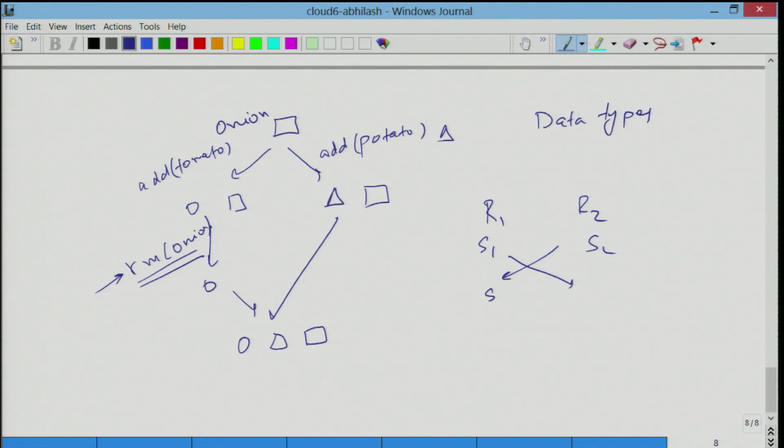And when they merge, they come to some state S3, right, which is identical, right? So we want to do a meaningful merge, and we want to do it without involving the programmer.